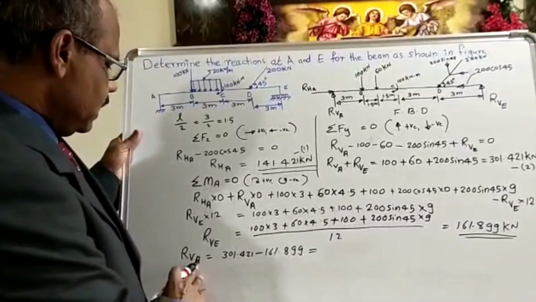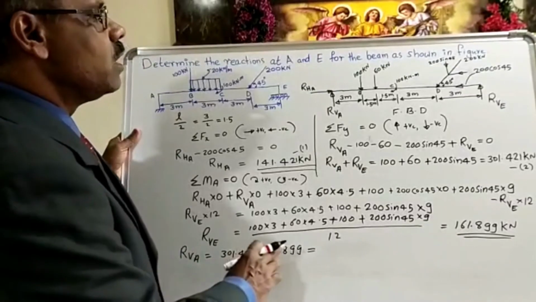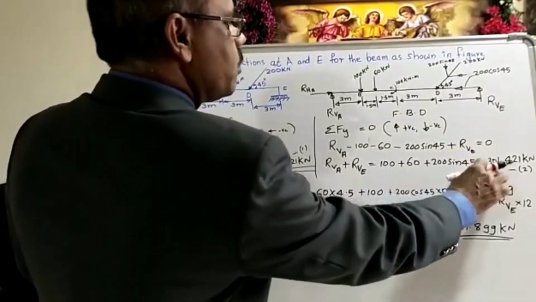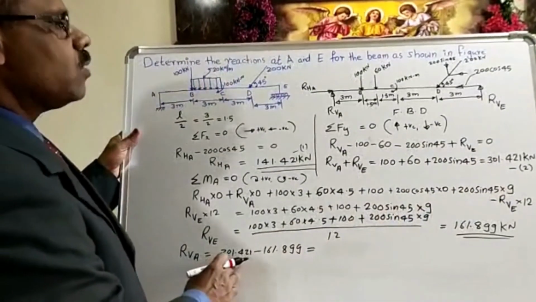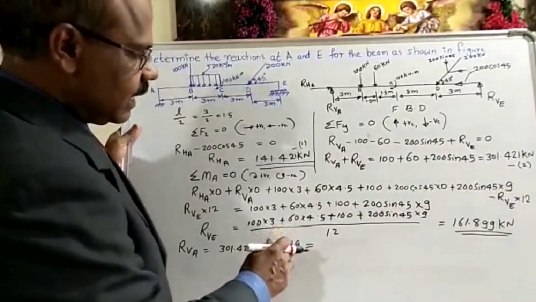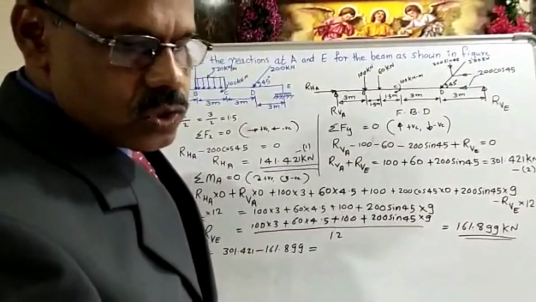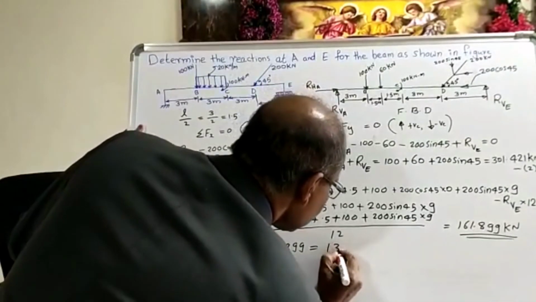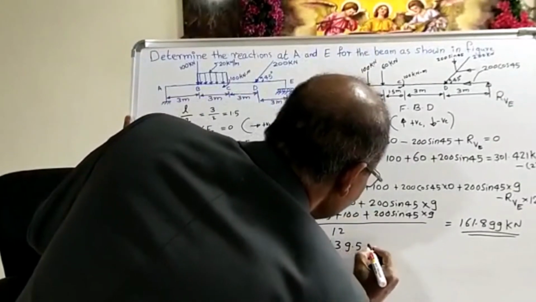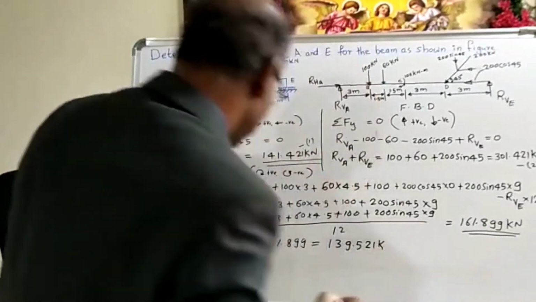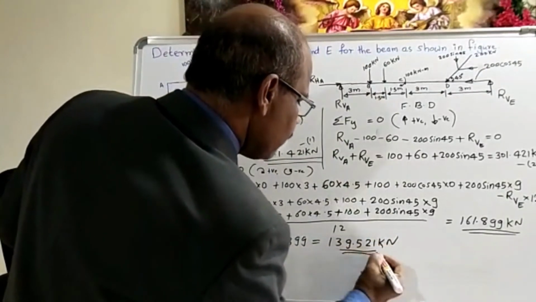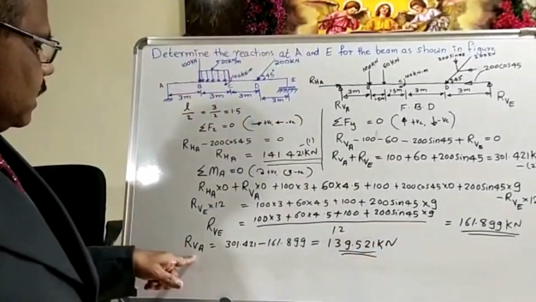We can calculate RVA by inserting the value of RVE in equation number 2. 301.421 minus 161.899, I already have the value, so I am writing it over here: 139.521 kilonewton I am getting. So we are having the value of RVA as well as RHA.